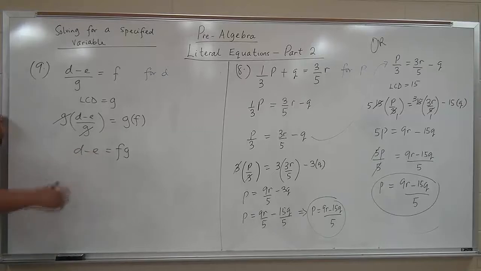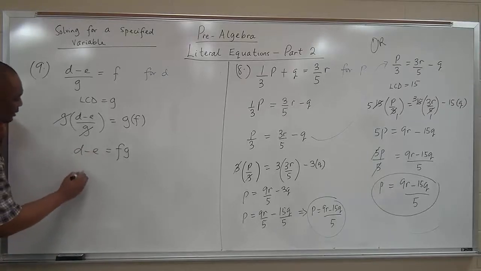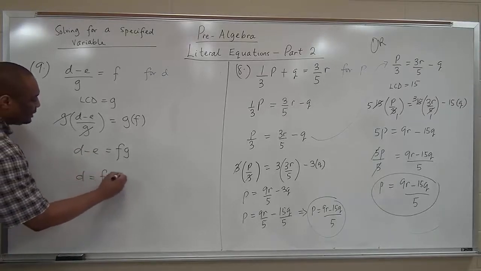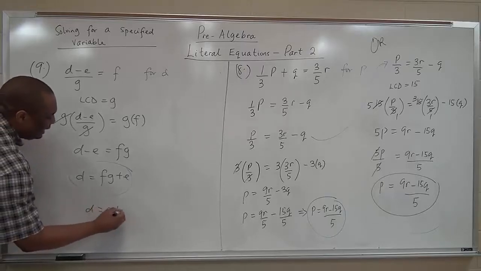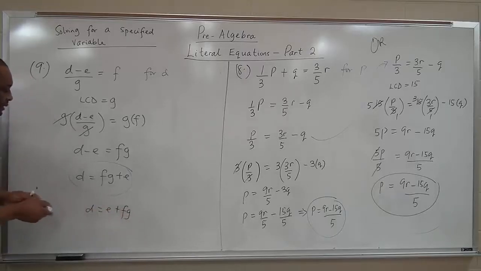Then you just add E to both sides, so D will be FG plus E. And this becomes your answer. If you want to say E plus FG, it is still correct.